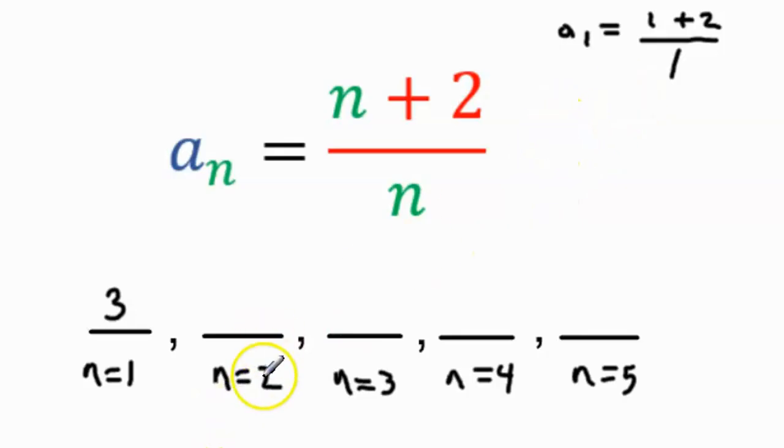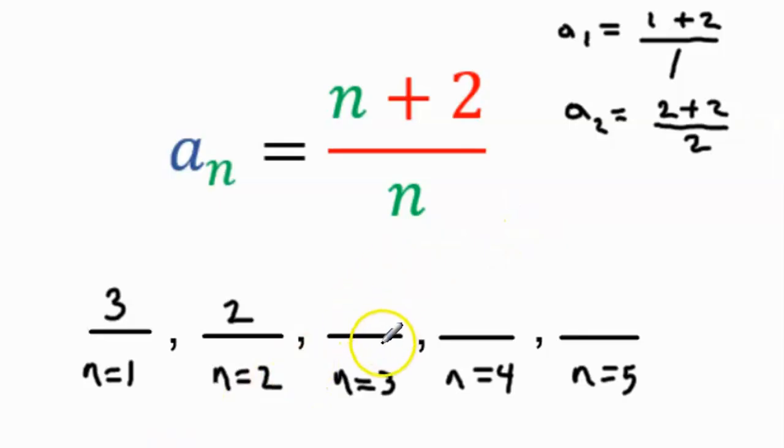Now, for the second position, we're going to plug in n is 2. So put 2 for all the n's. In other words, a sub 2 is equal to 2 plus 2 over 2. So if we work this out, 2 plus 2 is 4, divided by 2 is just going to be 2.